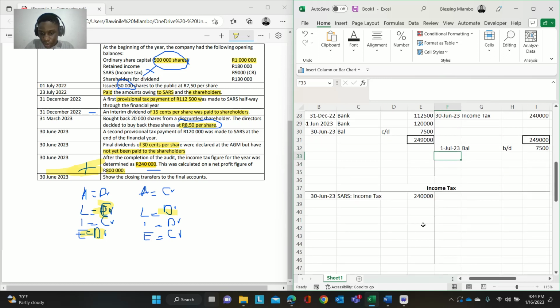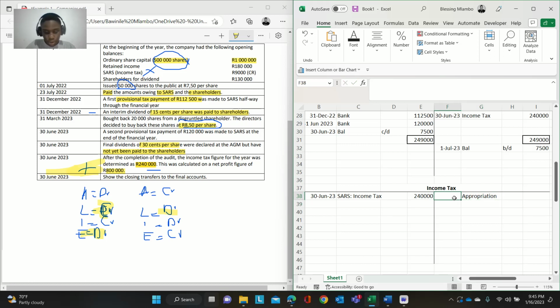And then we go to the income tax. The income tax account is an expense account, and the expense and income accounts are closed off completely, meaning that we won't have an opening balance for income tax. We're going to close off this account to the appropriation account.